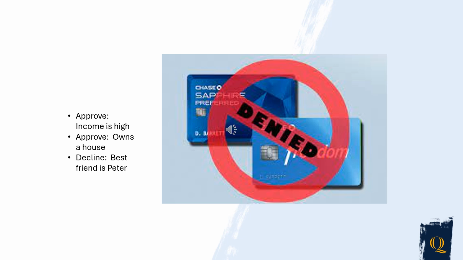If, for example, Peter is flagged for fraud or money laundering, in such cases, the model would not be considering the mere fact that Peter is your friend, but rather the financial risks associated with him.